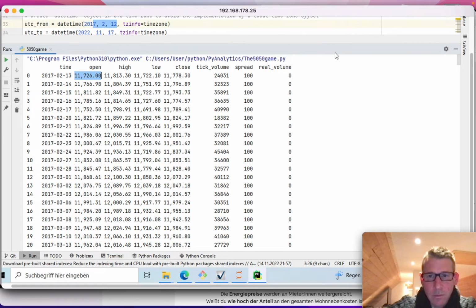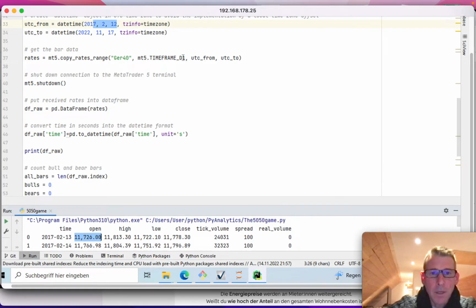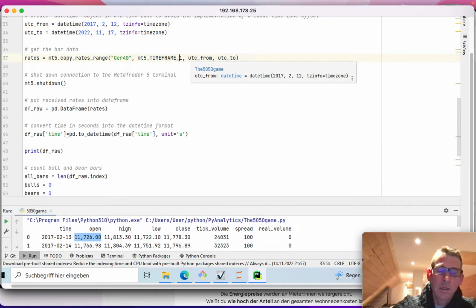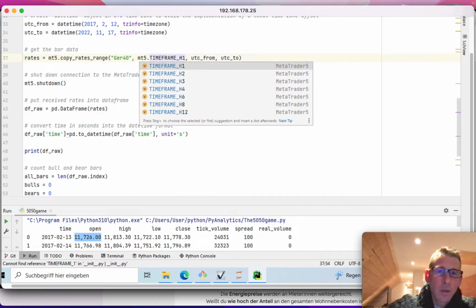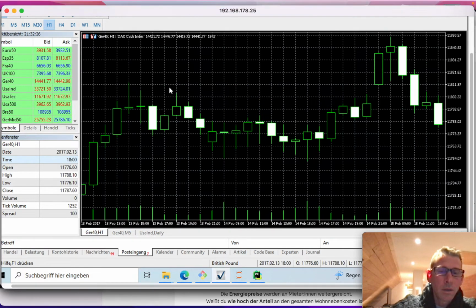Let's take a look at the next time frame. Let's switch to the hourlies. Check, switch to the hours. Okay, still the same.